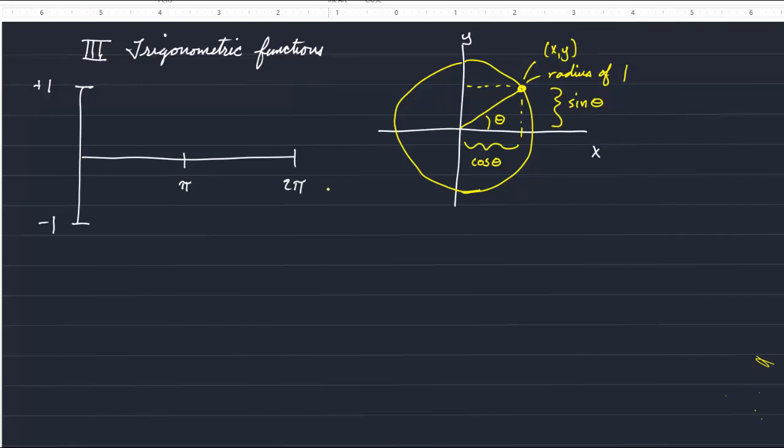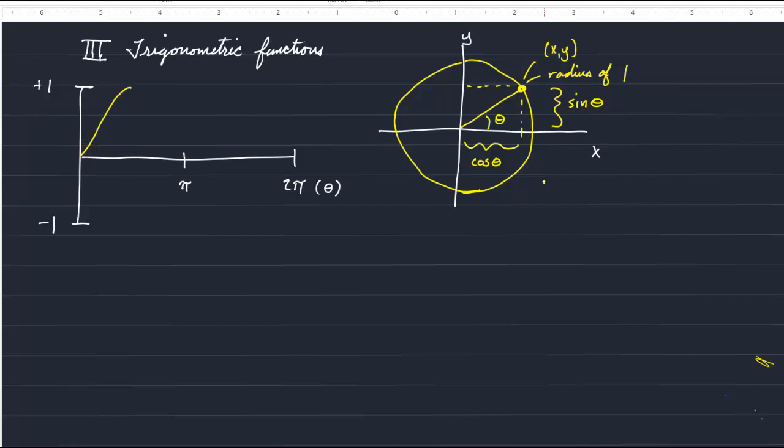So, this is the theta axis. When theta is equal to 0, then we're right on the x-axis, so sine theta is equal to 0. And as theta increases to 90 degrees, pi over 2, sine of theta increases to 1.